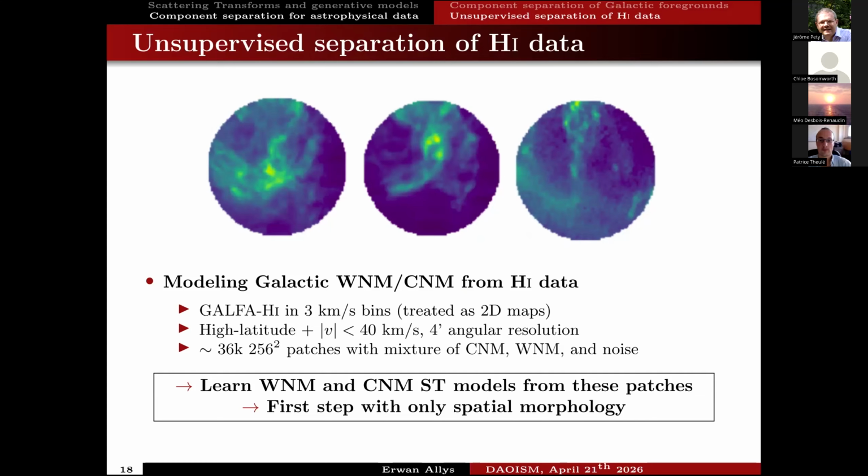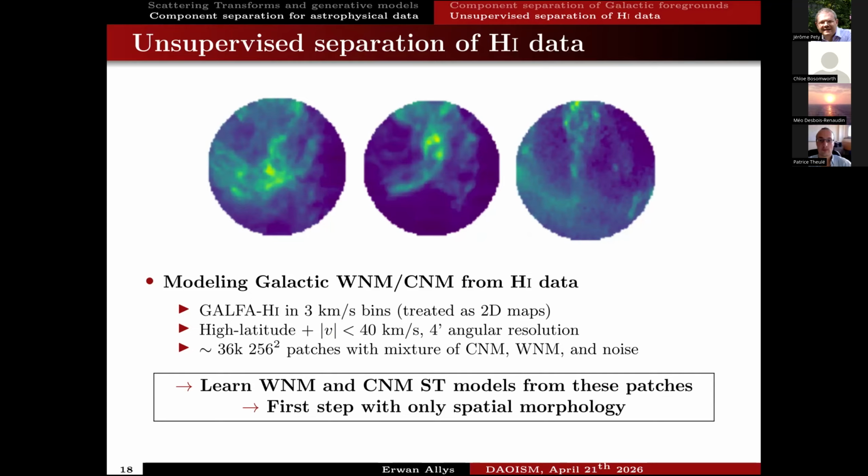From these patches, can we do some kind of unsupervised learning of the components and then component separation? Actually, 36,000 is a lot or not a lot, depending on what you want to do. If you want to learn the different phases from scratch with a neural network, you will have a lot of issues because it's not a lot of images in this case.